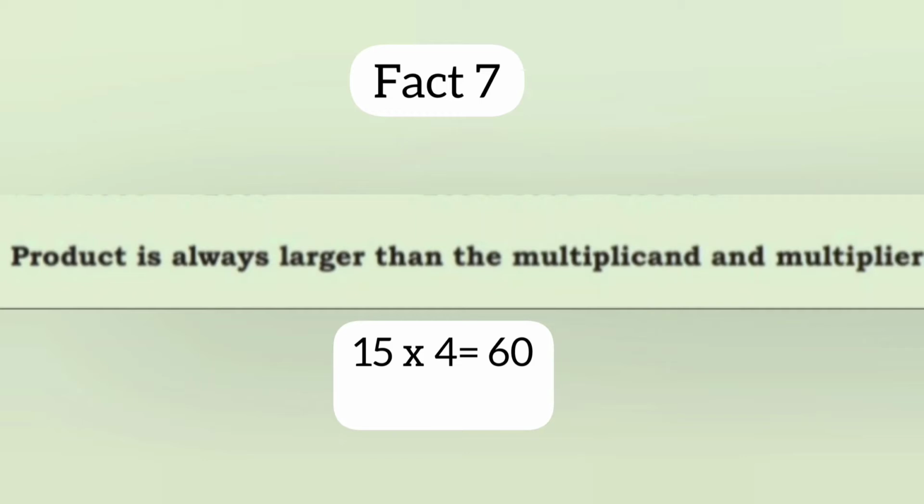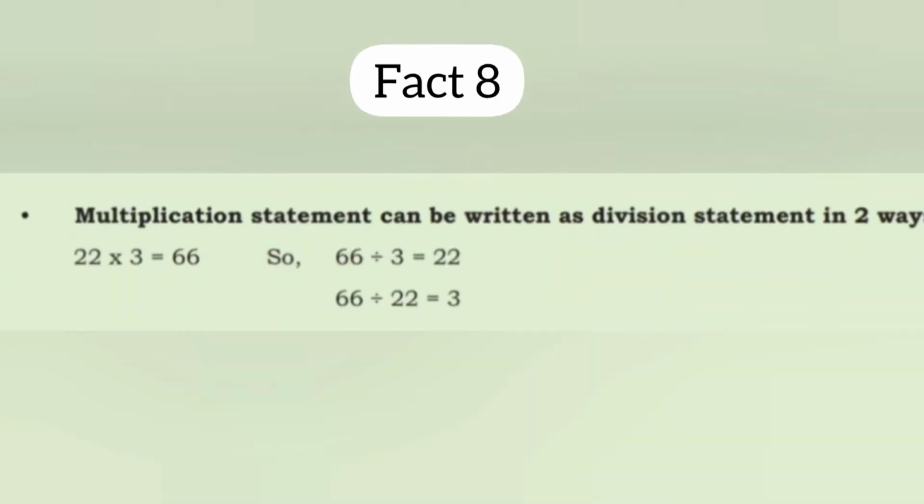And the last fact, number 8, multiplication statement can be written as division statement in two ways. What do I mean by that? Let's take an example. 22 into 3 is equal to 66. This is a multiplication statement. Now this statement can be written as a division statement in two ways.